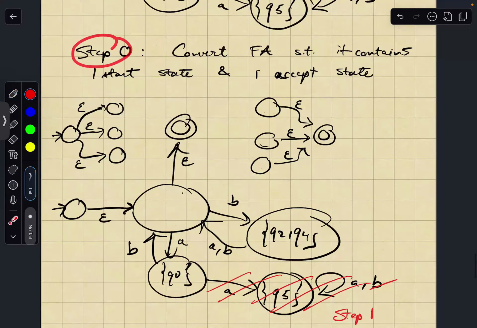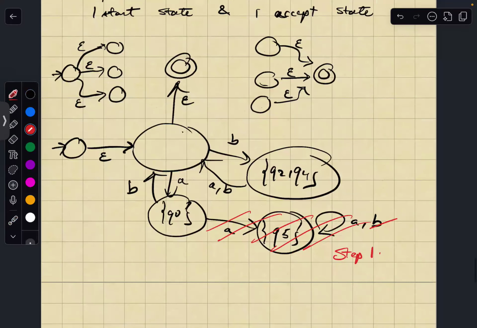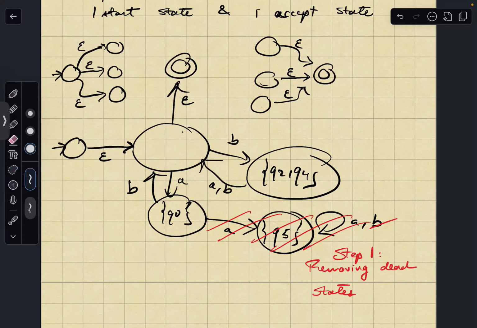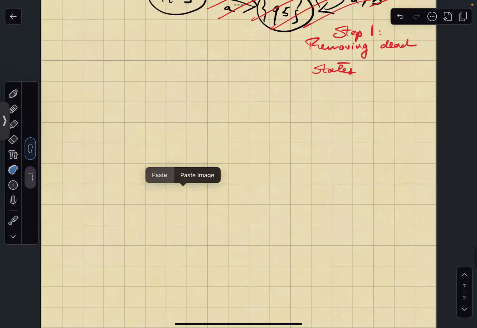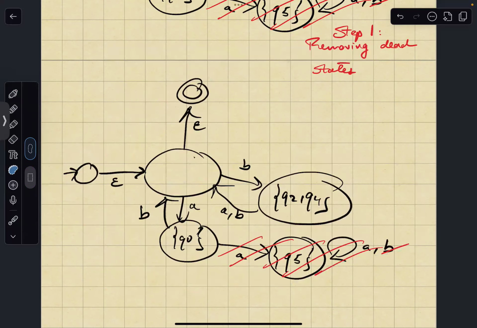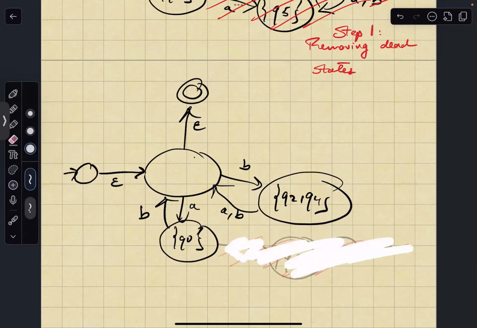Step 1 is removing dead states. Okay, so I've removed my dead states, or so I claim. So now the new machine I have is this.